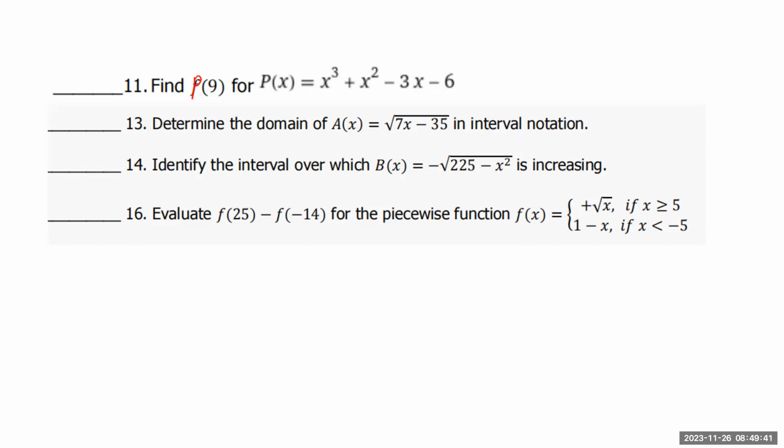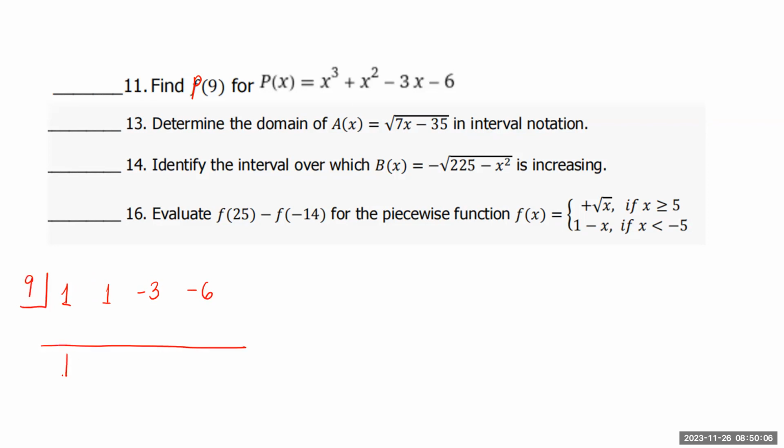So again, there are 2 ways to do this. The first one is to use the remainder theorem or use synthetic division. If we use synthetic division, we list down the coefficients: 1, 1, -3, -6. And for our divisor, that is just 9.